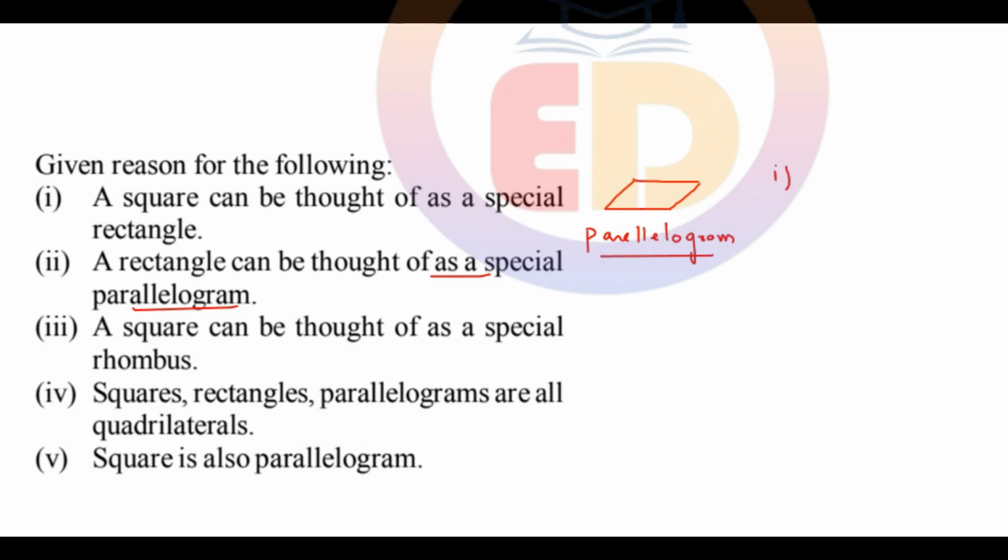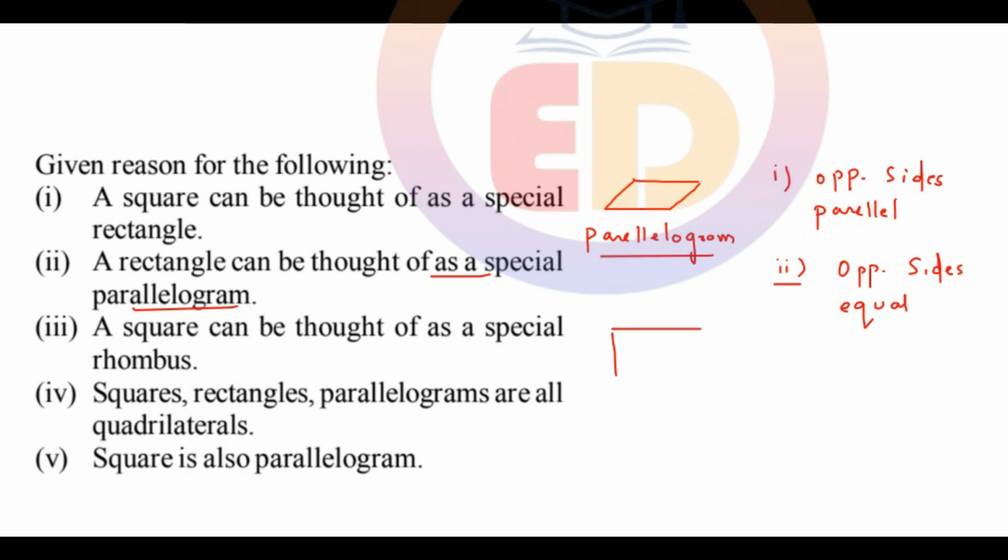The first, opposite sides should be parallel, and second, opposite sides should be equal. If any quadrilateral follows these two properties, then it is considered a parallelogram.